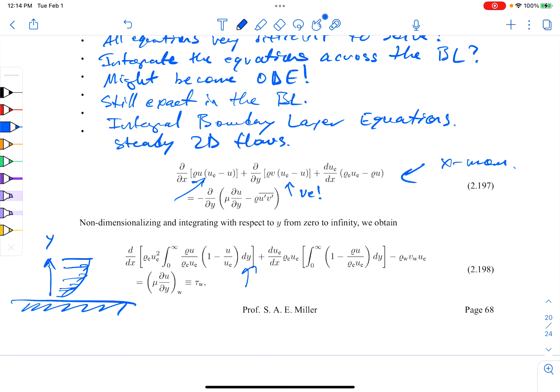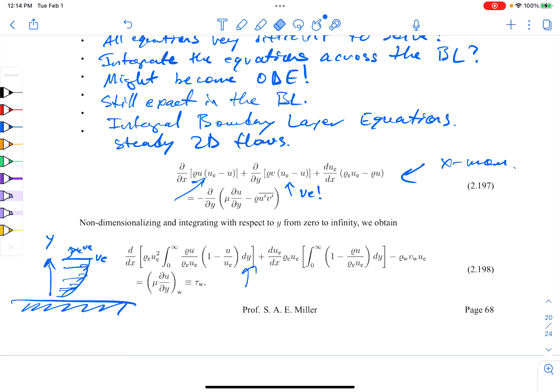You can see something interesting here. So what did I non-dimensionalize by? rho_e over u_e, of course, and pulling it out. So you can see u_e here, and rho_e u_e is also here. So if I look at some of these terms like rho u over rho_e, what should that go to at, say, the boundary layer edge, or even at 20 boundary layers?